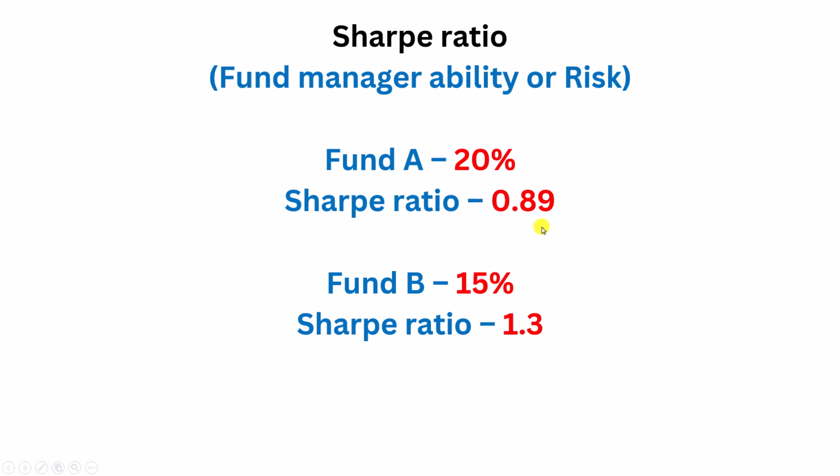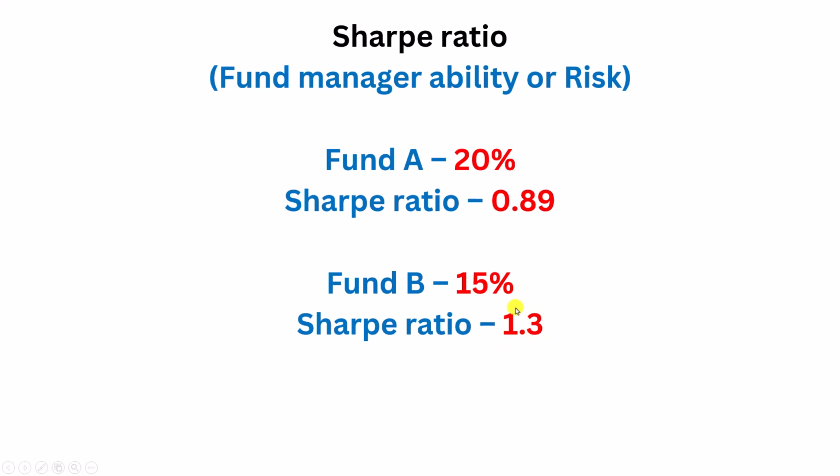Okay. Now, looking at the returns of the two mutual funds, the 20% fund, which is fund A, is giving higher returns when compared with this, right? But when we compare the Sharpe ratio, we have a higher Sharpe ratio here. It means that for a unit of risk taken, this mutual fund has capacity to give higher returns.